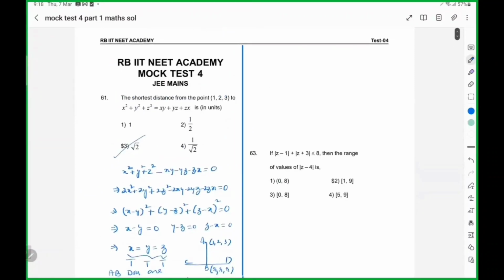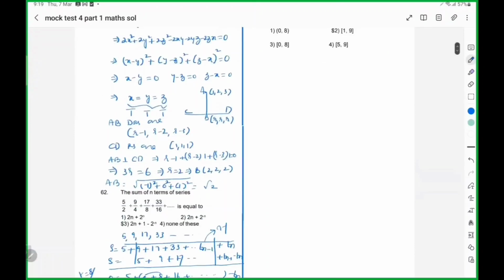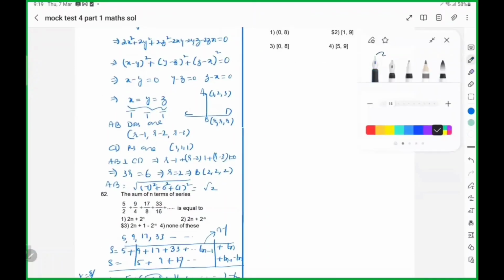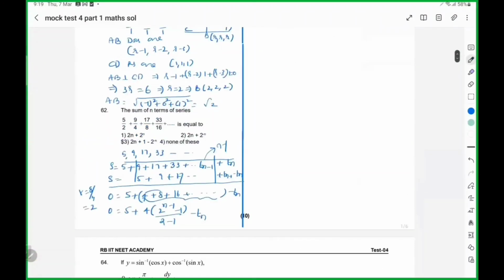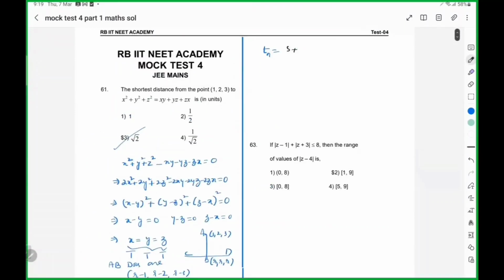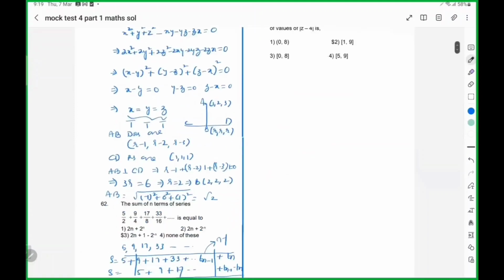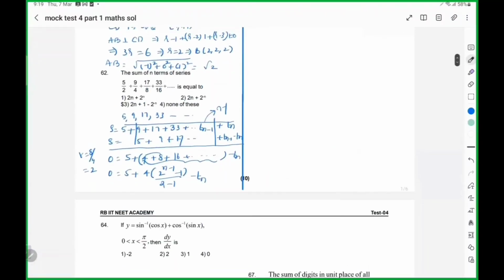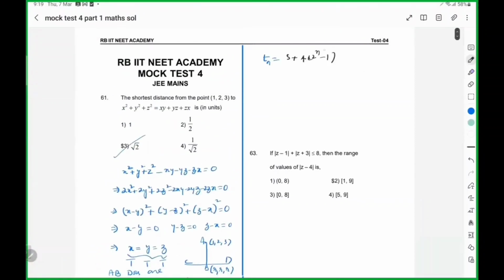So from here I can write Tn as 5 plus 4 into 2 power n minus 1 minus 1.